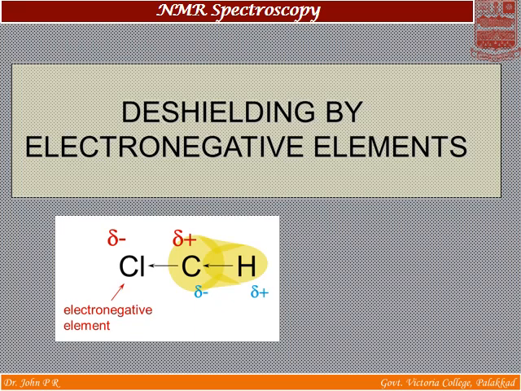So the electron density around the hydrogen nucleus now gets reduced. That will reduce the shielding of the external magnetic field by the surrounding electrons.